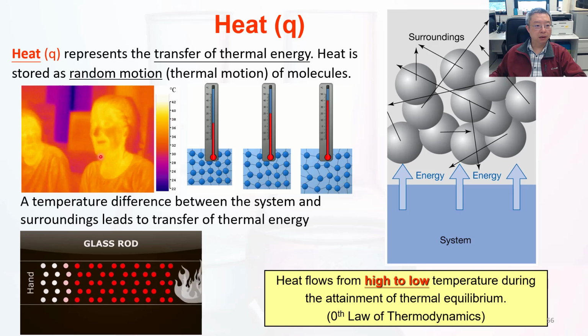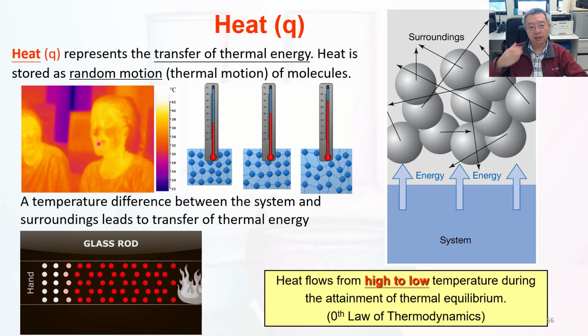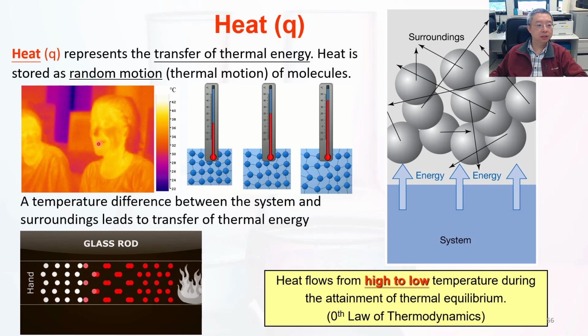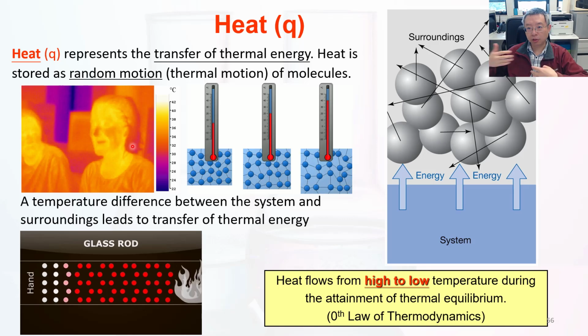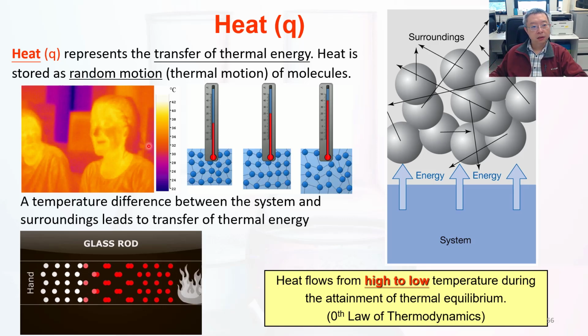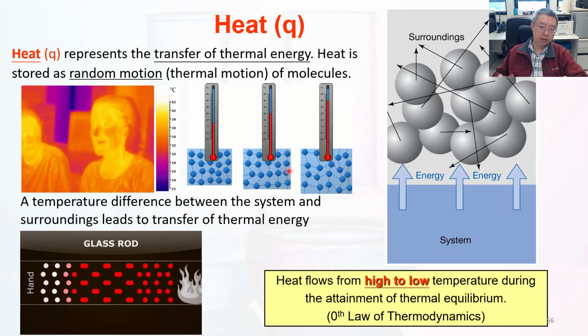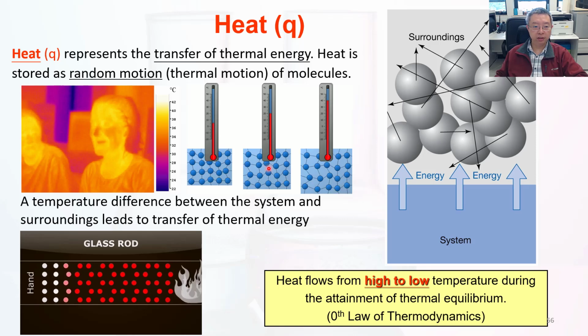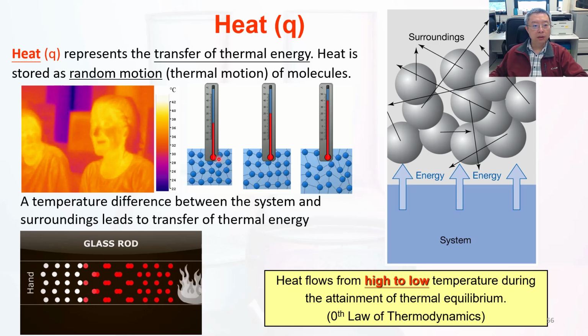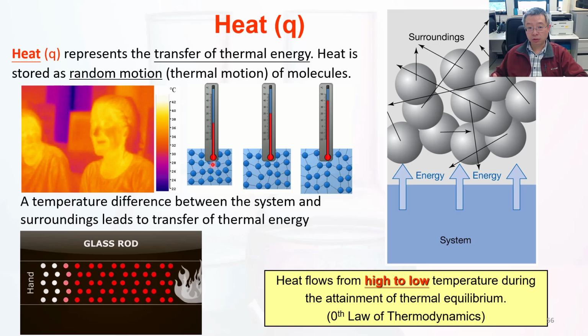Think about how heat is released from people, and also the radiation that comes off from heat, going from high temperature to low temperature. Nowadays we know that temperature is because of the random motion of the molecules inside the system. When the motion is slow, it is a low temperature. When they move faster or more vigorously, it is a high temperature.